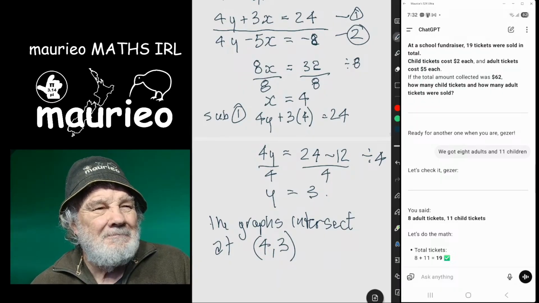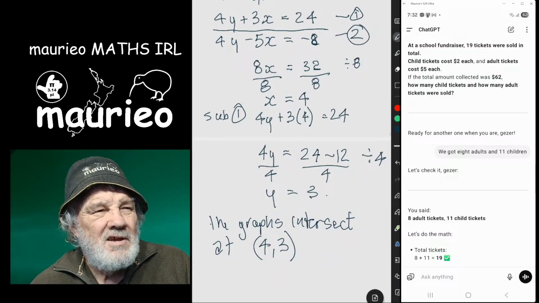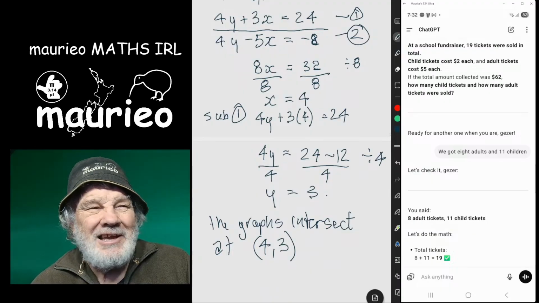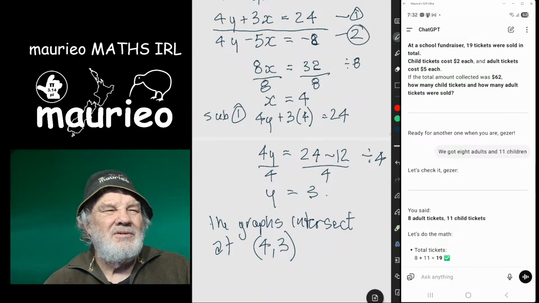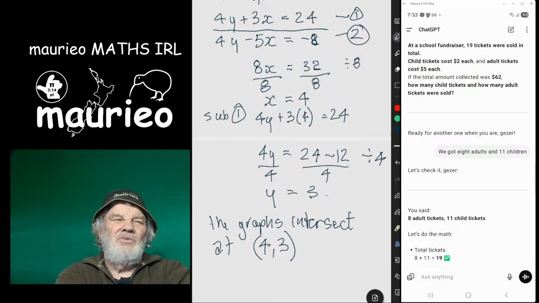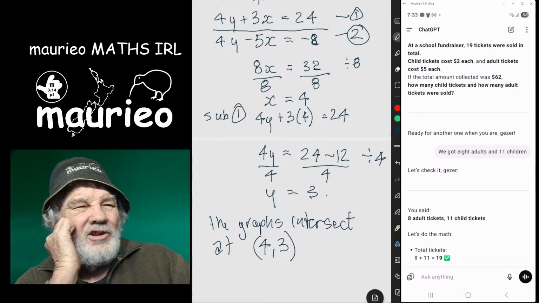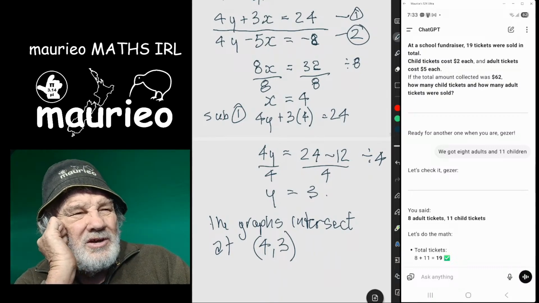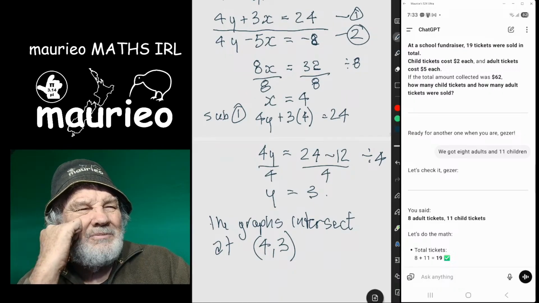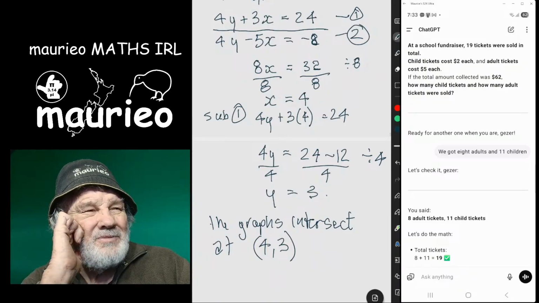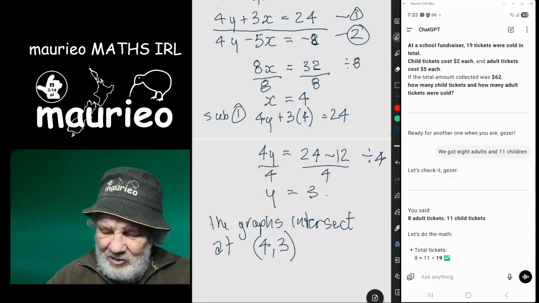We can create straight line graphs to go through points. We can work out where straight line graphs intersect. There's lots of other things that we can do with straight line graphs as well, which maybe it might be a good time to have a look at that. So let's see what happens.